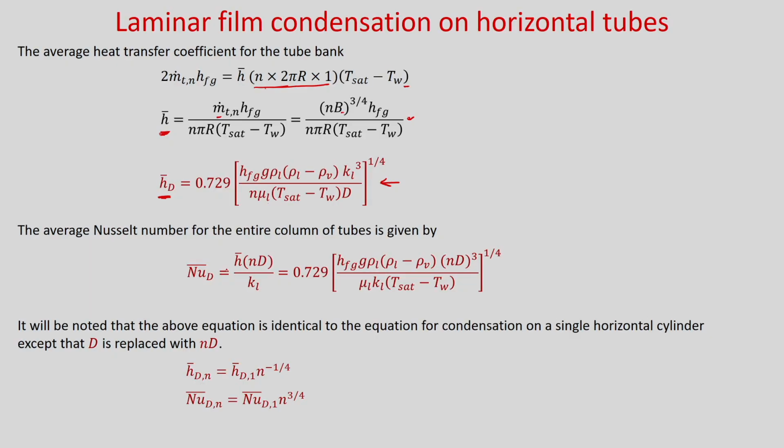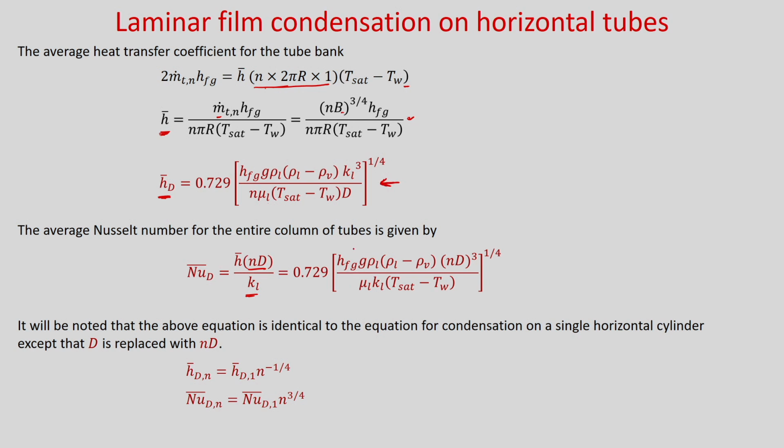Okay. So, now let us calculate the average Nusselt number. Here we will consider the average Nusselt number based on the diameter, but how many tubes are there? There are n number of tubes, so it will be based on n d. So, you can write h bar n d divided by k_L. Now this is your h bar d.